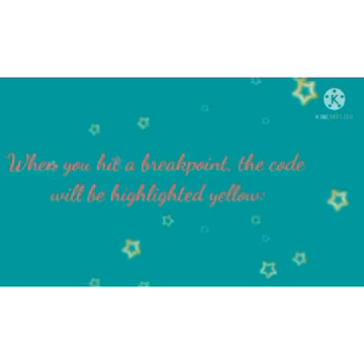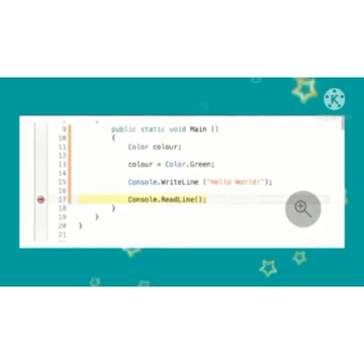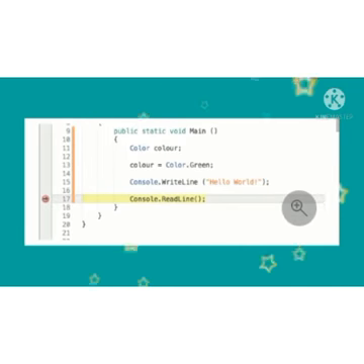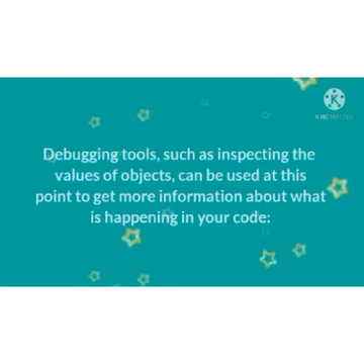Then, when you hit a breakpoint, the code will be highlighted yellow. Debugging tools such as inspecting the values of objects can be used at this point to get more information about what is happening in your code.